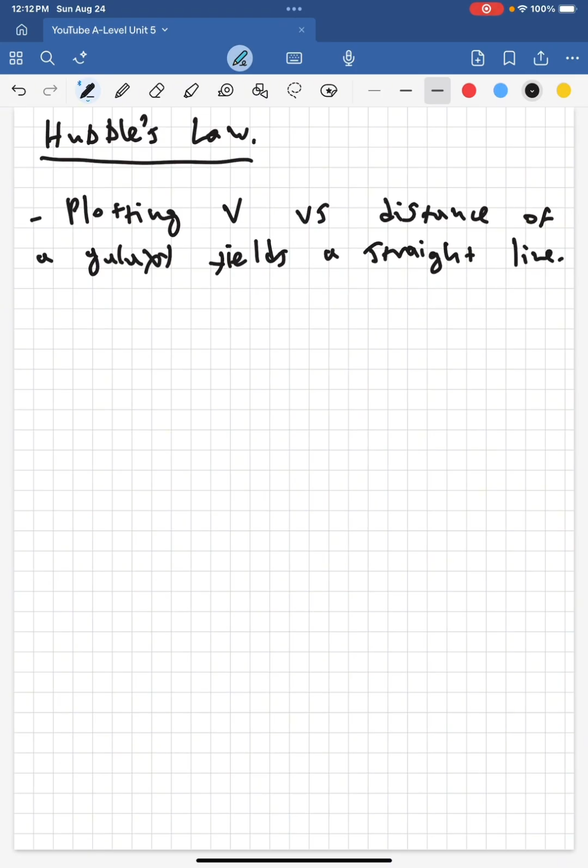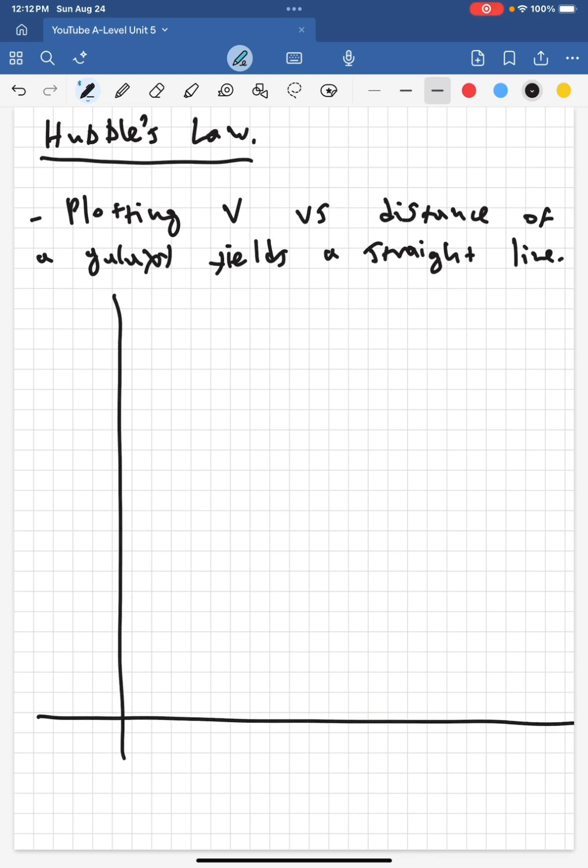Then this allowed Hubble to just collect as much data as he could find and plot the velocity, so the recession speed, versus the distance, okay? And he found something like this.